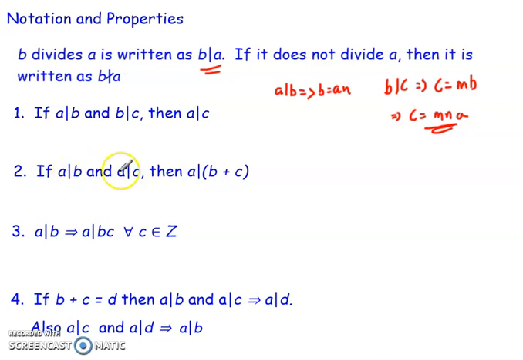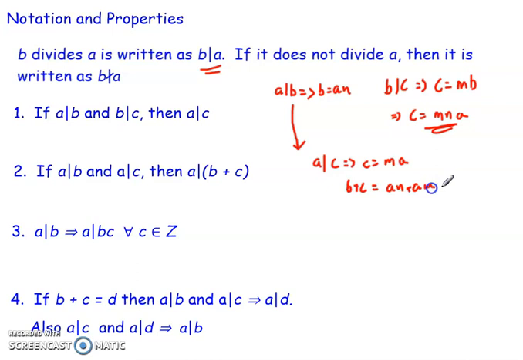If A is divisible by B and A is divisible by C, then what we're able to say is that A is divisible by B plus C. So again, let's go back to this initial theory. If A is divisible by B, B is equal to AN. And in this case, I'm also going to consider that if A is divisible by C, then C is equal to some multiple, let's call it M, times A. So B plus C is equal to AN plus AM.